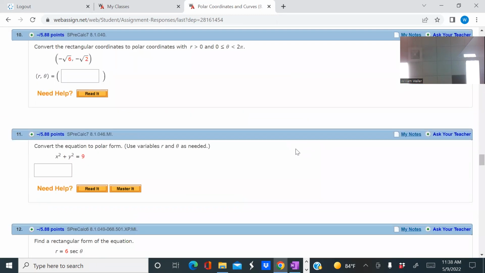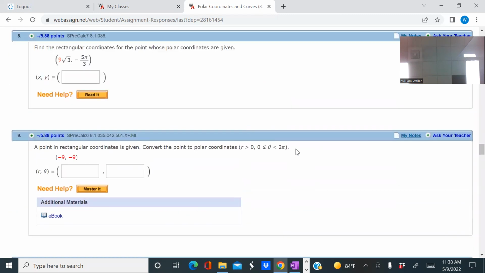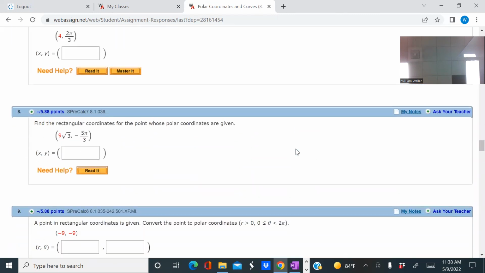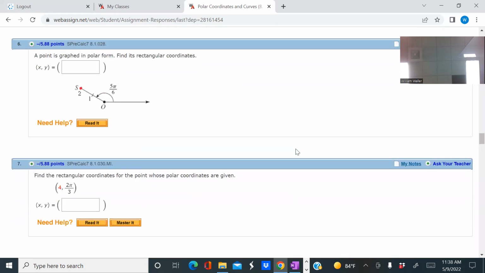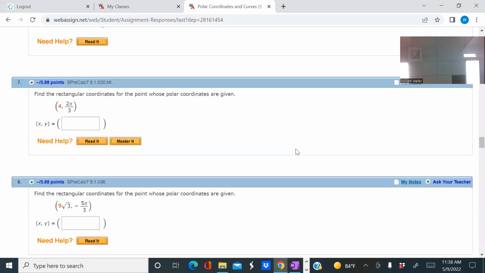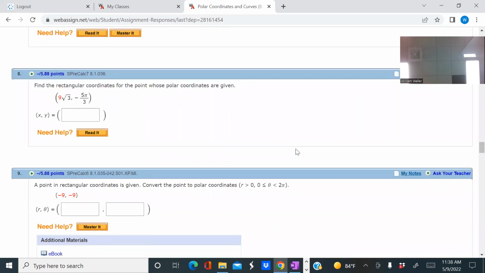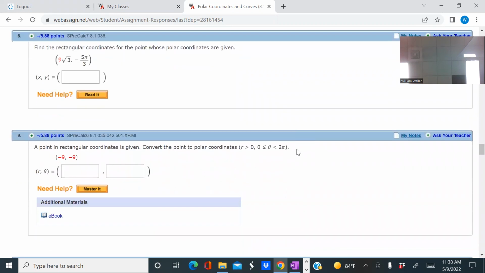So there's a lot of converting rectangular to polar coordinates. So not a lot, but there's some, right? When you're converting polar to rectangular, that's pretty straightforward.